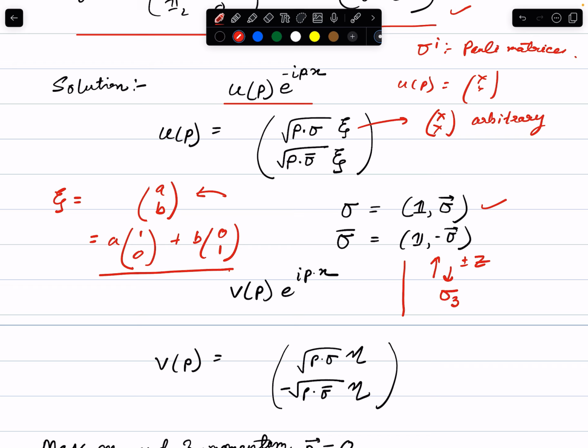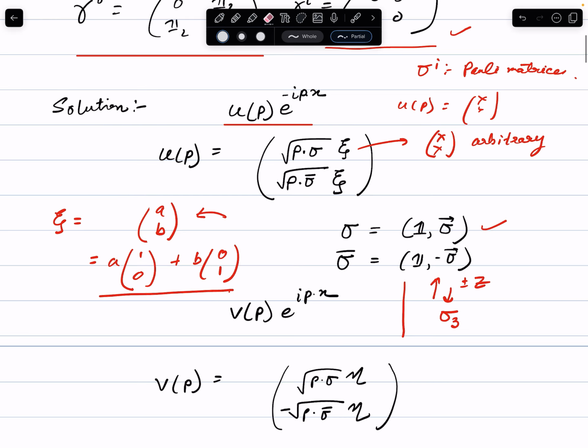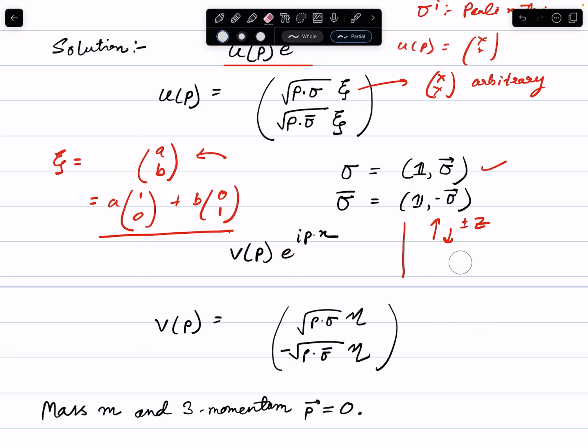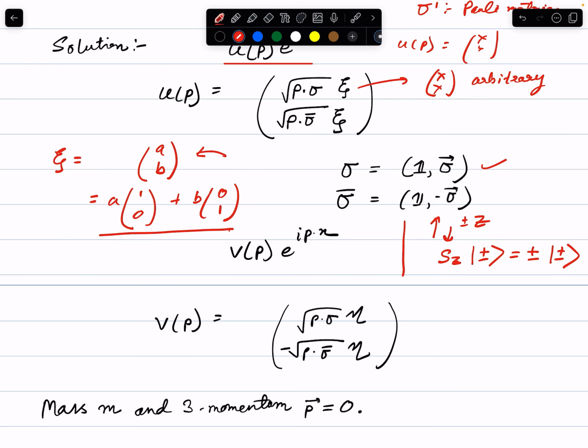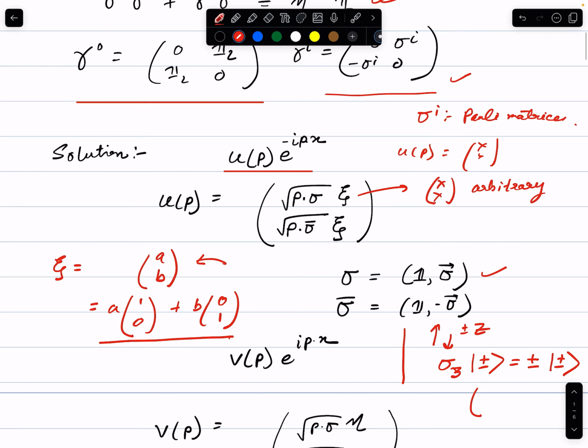You know this, right? These have eigenvalue plus minus 1 under the Sz matrix, or the sigma z or sigma 3 matrix. And this will be some two component object, (1, 0), (0, 1), something like that. And so a general spin system is described by a two component object.